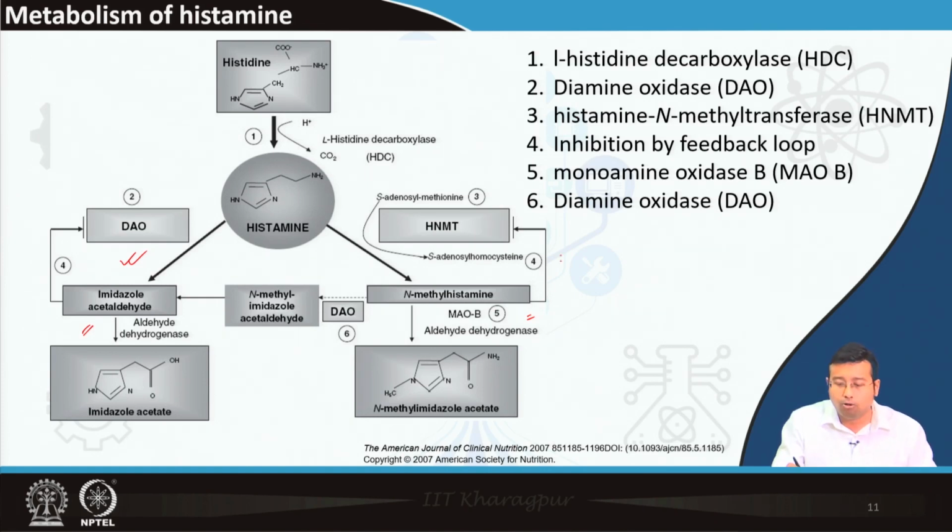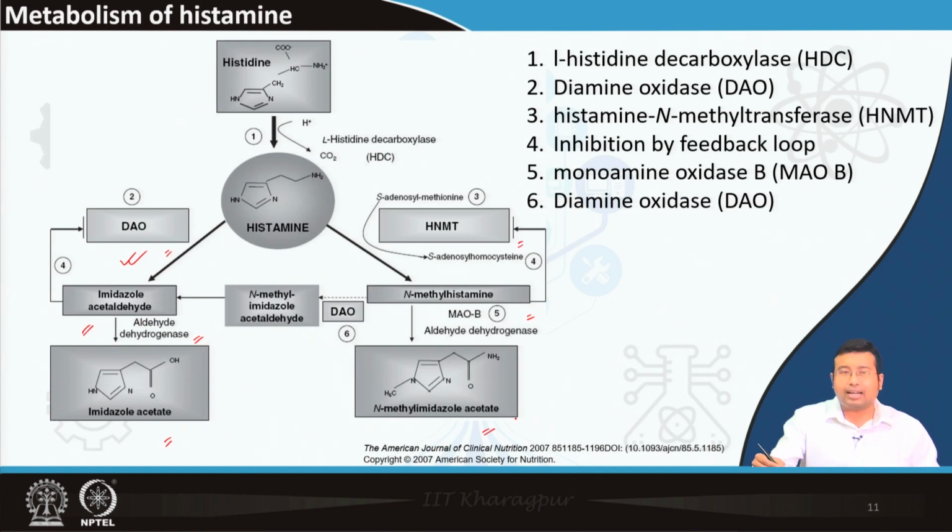So, this is a feedback loop where the action of DAO and HNMT can be inhibited by imidazole acetaldehyde and N-methyl histamine respectively. What happens next? By the action of aldehyde dehydrogenase, both of them can be converted to their final excretory form, that is imidazole acetate or N-methyl imidazole acetate.